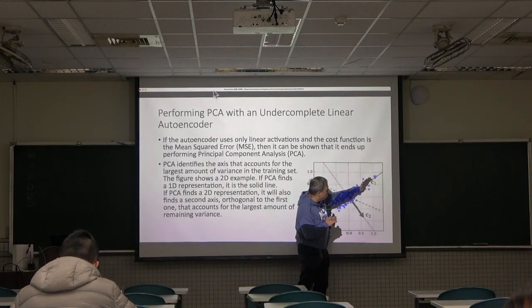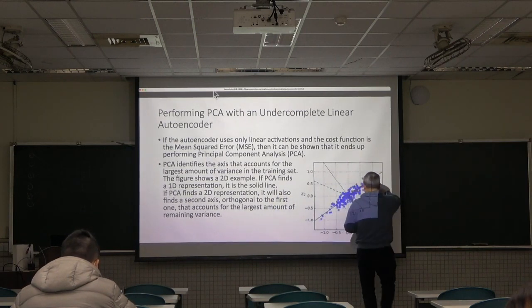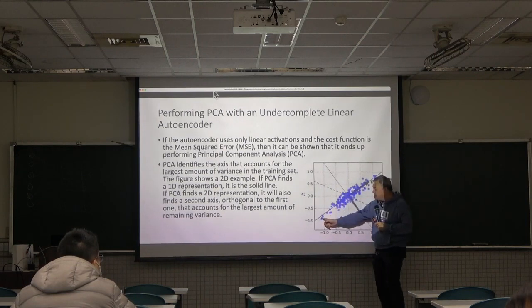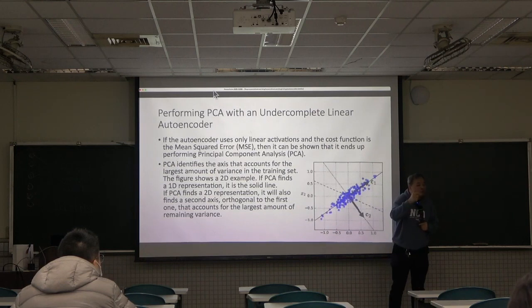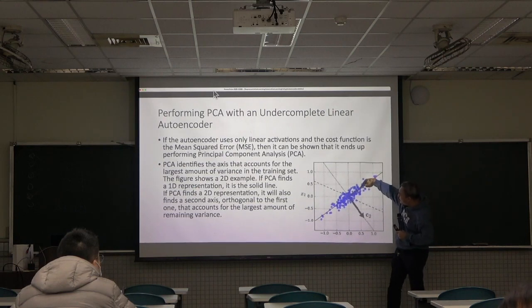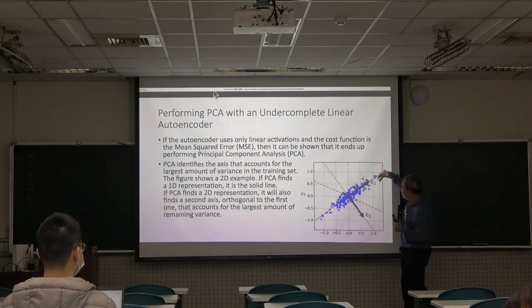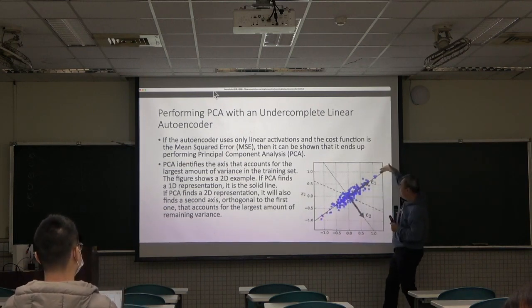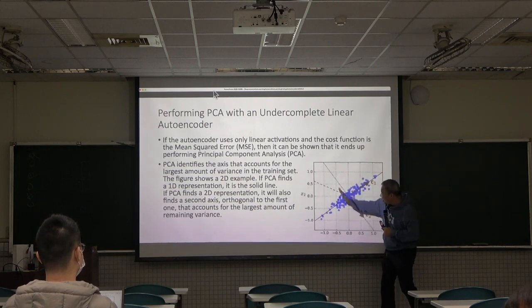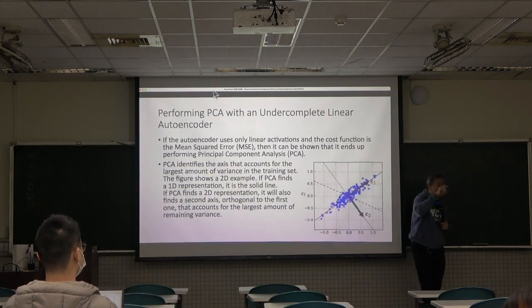Once these points are projected to this line, this largest variance will be preserved, right? Because this axis represents the largest variance. And because all these points are projected to this line, the variance on this other dimension is going to be dropped. But compared with this variance, the variance on this dimension is much smaller, right?